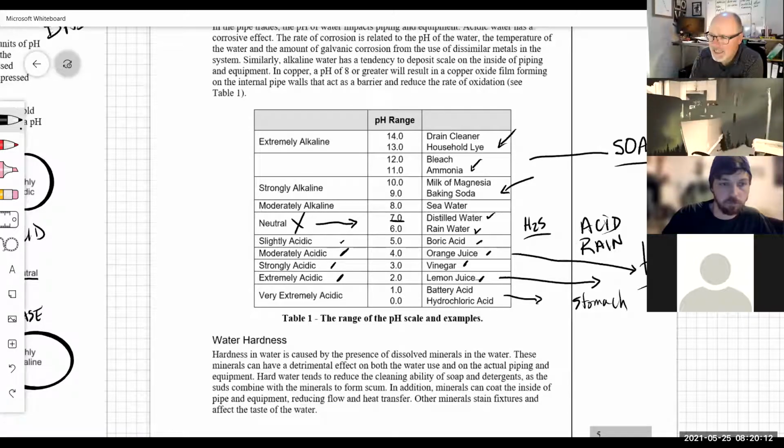Anything that's slippery is considered a base. So if it's slippery to the touch, it's more of a base. If it's gritty, it's more of an acid. So you can tell by that as well.